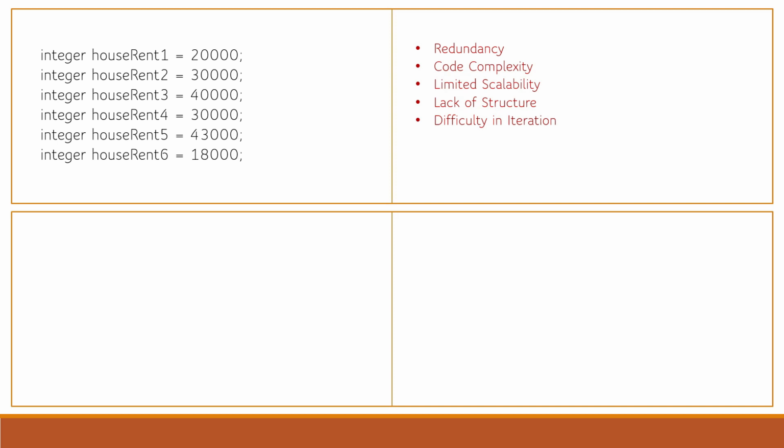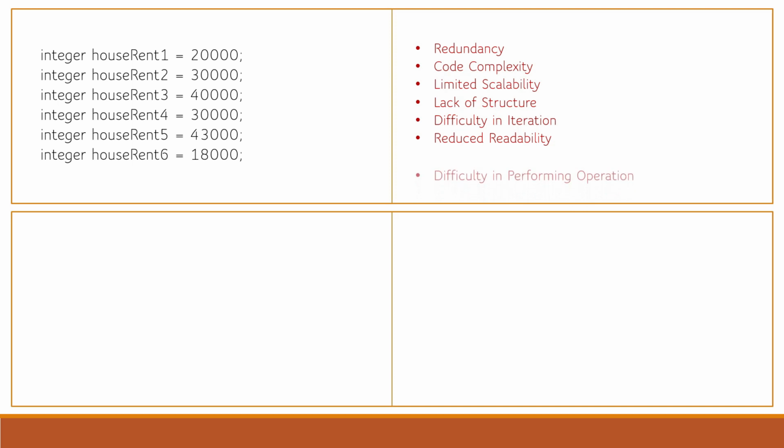You would need to write separate code for each variable, and that results in repetitive code and an increase in effort. And the next one is readability. With separate variables, the code becomes less readable, especially when the number of variables grows. It becomes harder to understand the relationship between the variables and the overall purpose of the data.